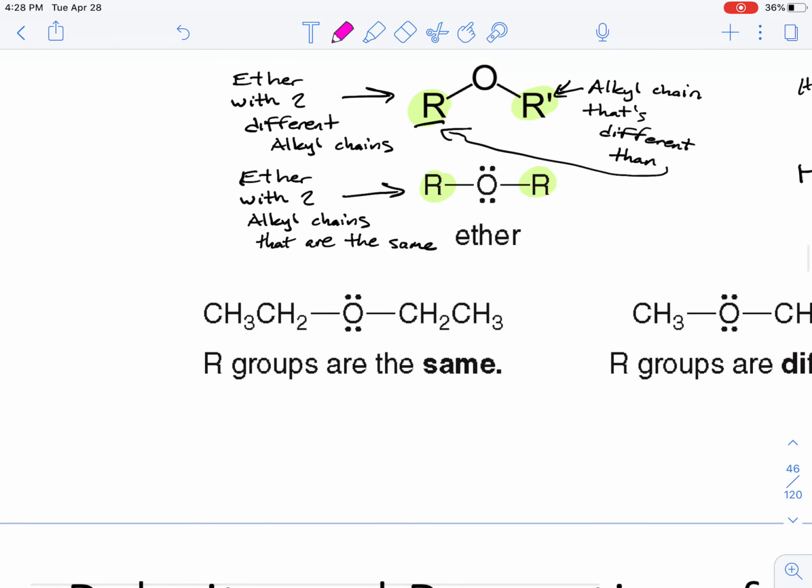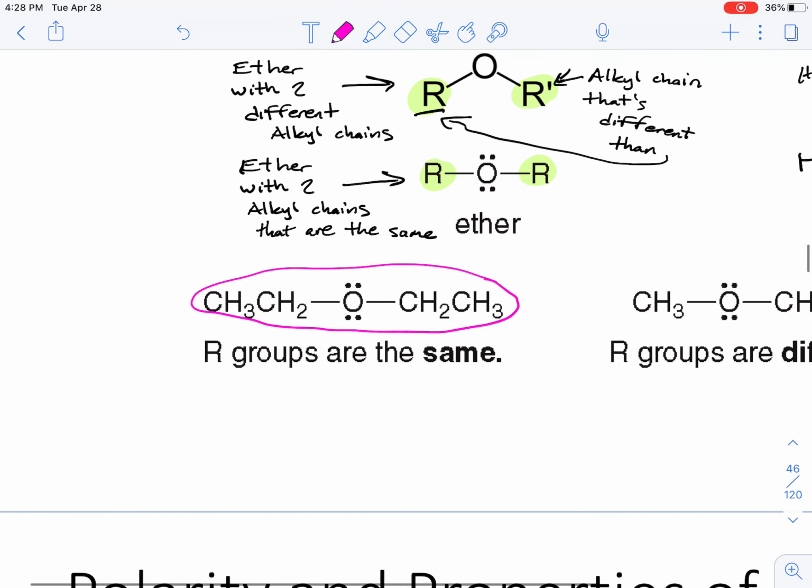If we're trying to depict this substance as a skeletal structure, here we have 2 carbons. So 1, 2 is right there. Here we have 2 carbons. Here I have 1, 2 as well. Remember, each point represents a carbon in the skeletal structure. And between them is an oxygen.